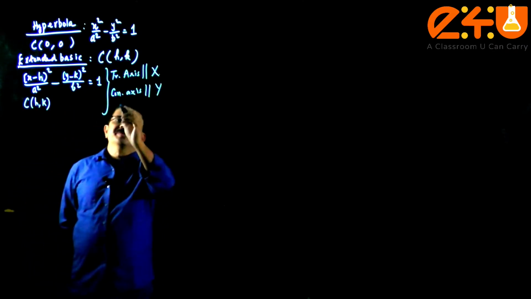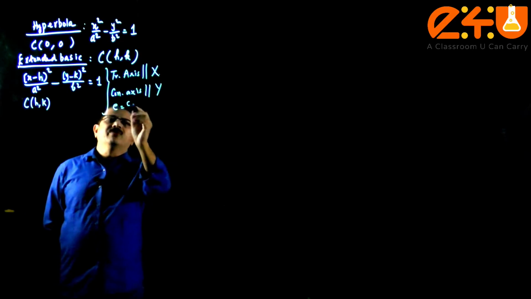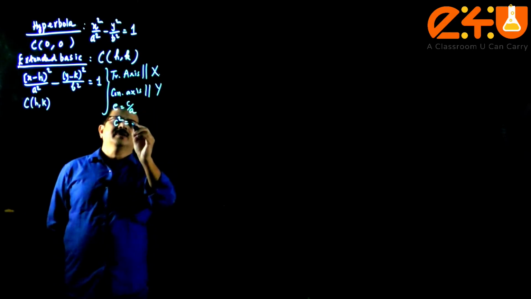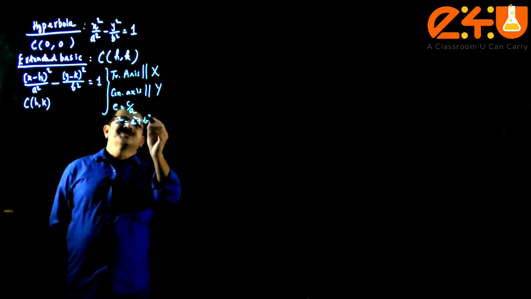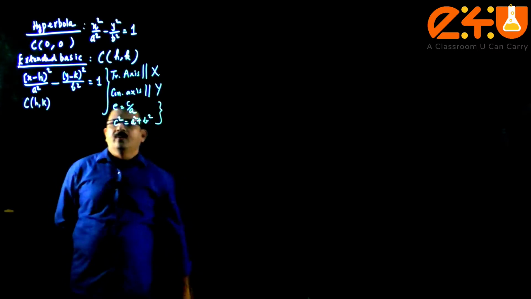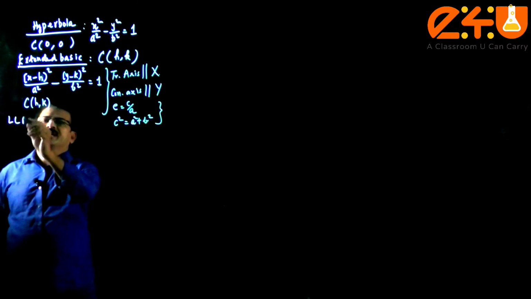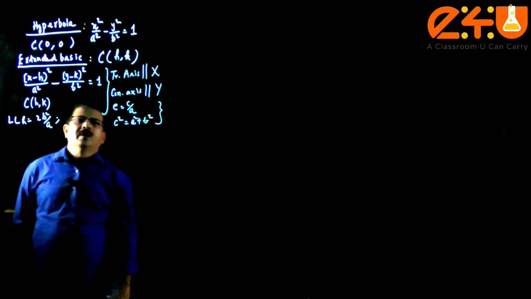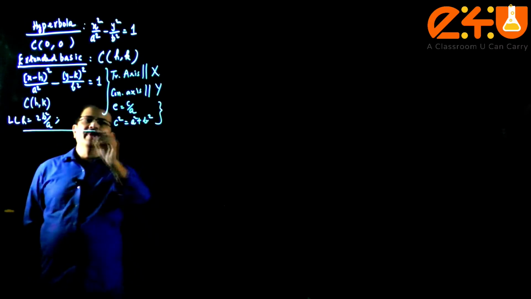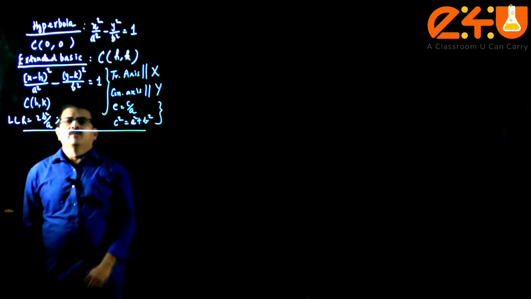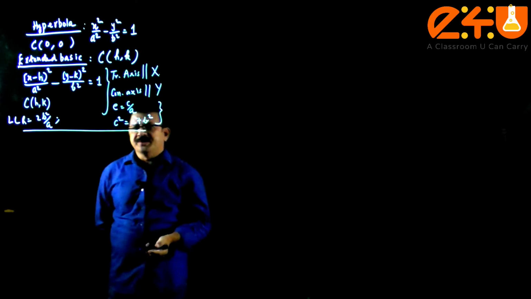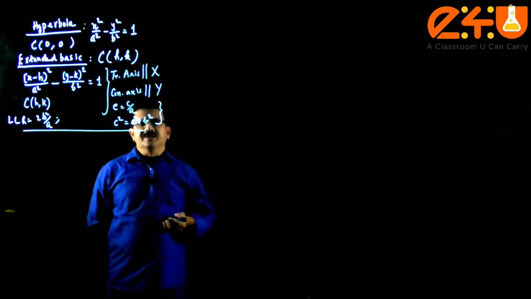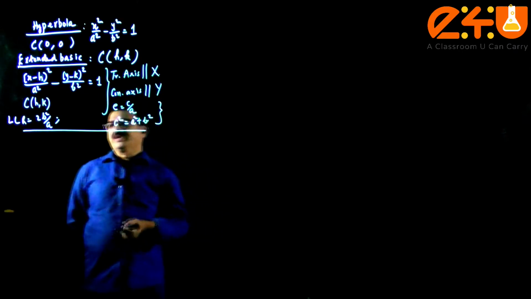So in this case also all the other formulae, e is c by a, c squared is a squared plus b squared, length of latus rectum 2b squared by a, all of them remain constant. What gets modified are the location of vertices, location of foci and equation of directrices.